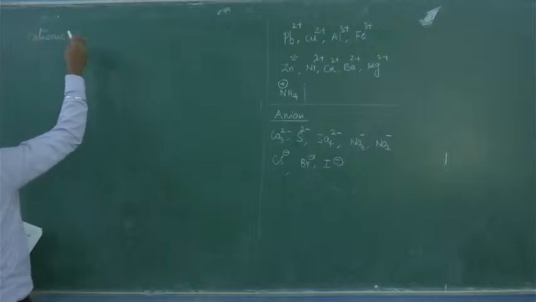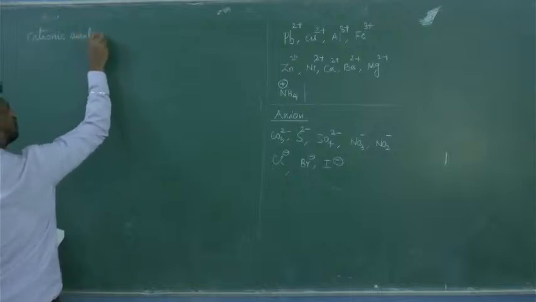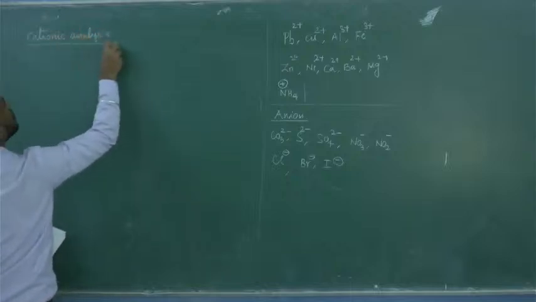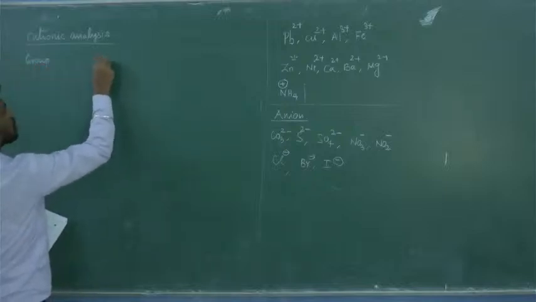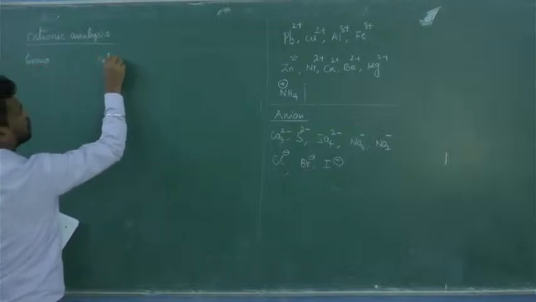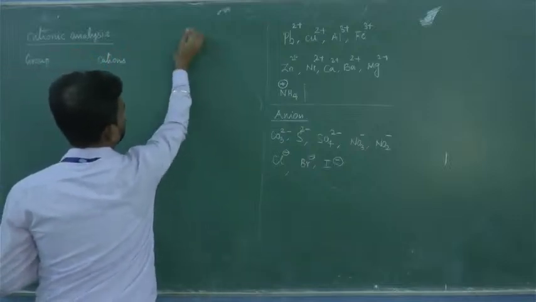That is basic radical, cation analysis, then followed by anion. Is it clear? First, please remember this point. You take the group. Next, we have cations, and next we have group reagents.